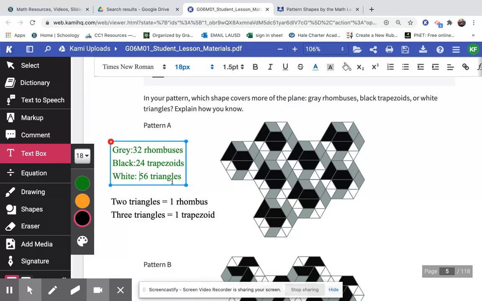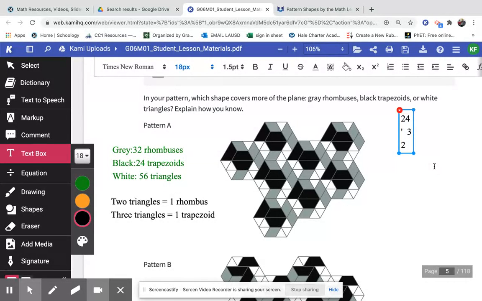However, in order to compare the amount of space that it takes up or the amount of plane that it covers, I need to do some multiplication. For the trapezoids, I get to multiply 24 times 3. Okay, 3 times 4 is 12.